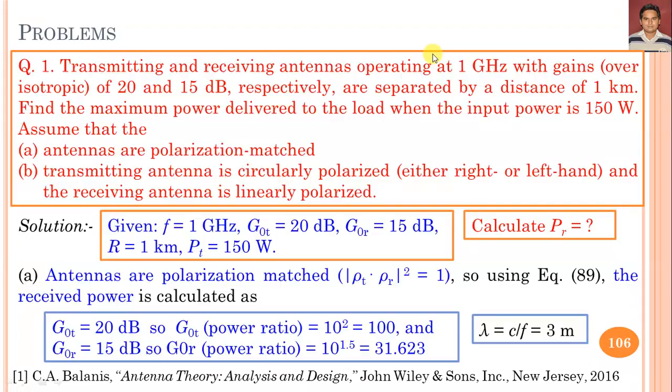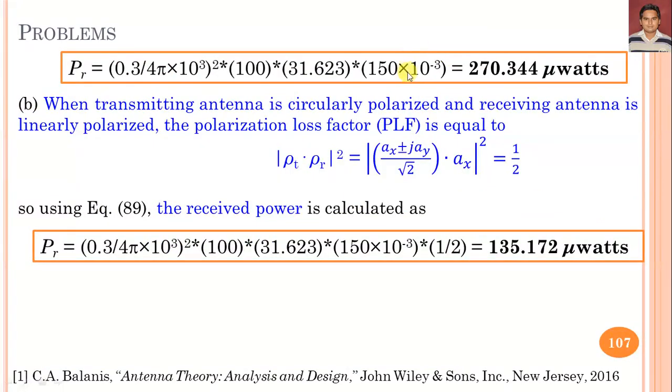Here the 150 volt is given, but we have considered it in terms of millivolt, so the received power we get is in millivolt, and the value of received power is 270.344 microvolt. So we have converted millivolt into microvolt. So this is the received power.